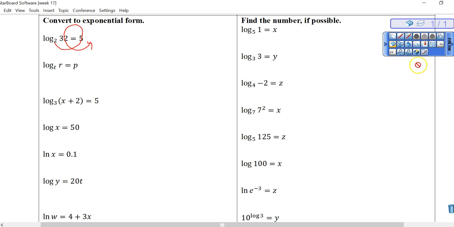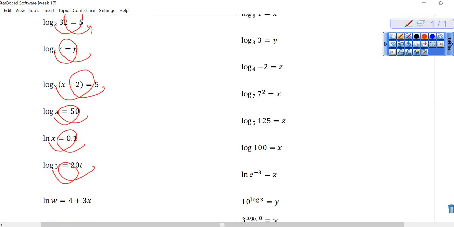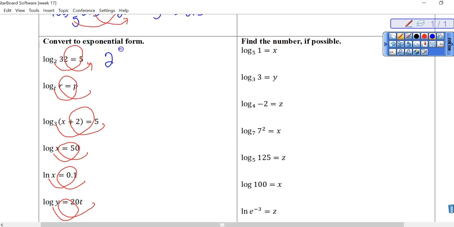Because I think we could get through this a little faster, I'm just going to take my red pen and go like that first, and then I'm going to come back and write them out, because we're converting from logarithms to exponentials. So there we go. 2 to the 5th equals 32. That's probably a more comfortable version of that statement, right?